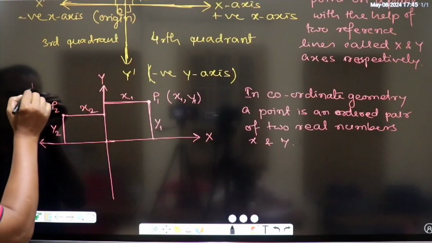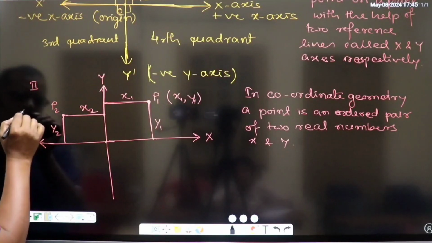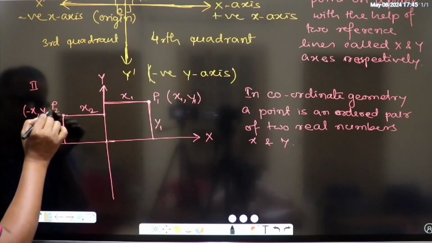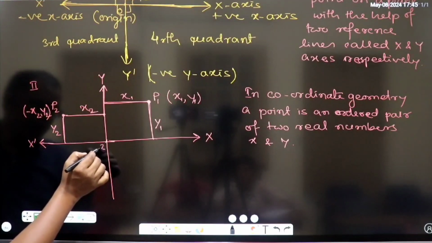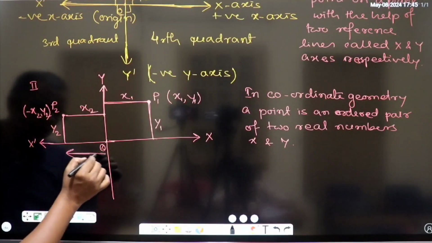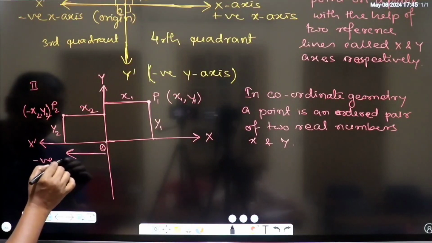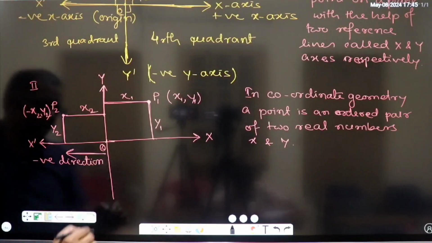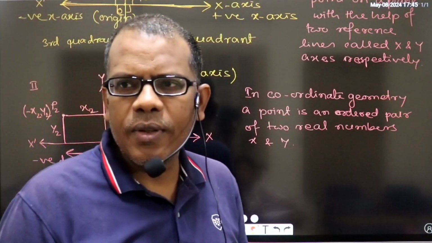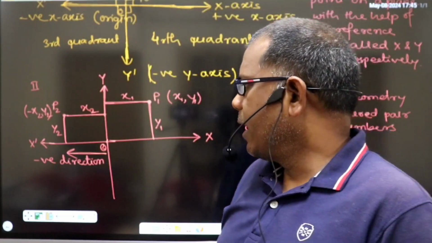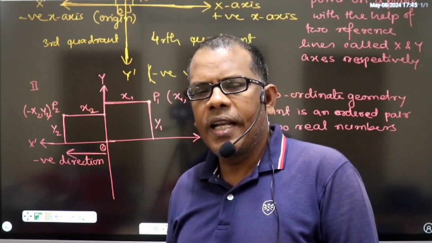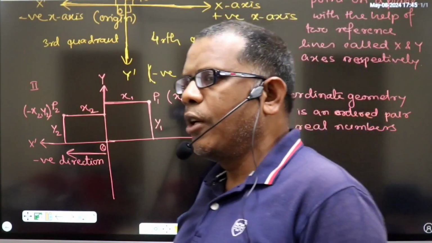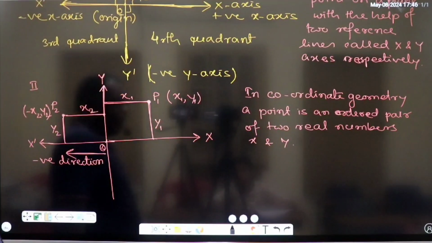But being in the second quadrant, the x coordinate is negative and the y coordinate is positive. Negative means to the left of the origin, this is the negative direction. That's why points appearing in the second as well as the third quadrant will be expressed with a negative sign on the x measurement. Are you getting it?